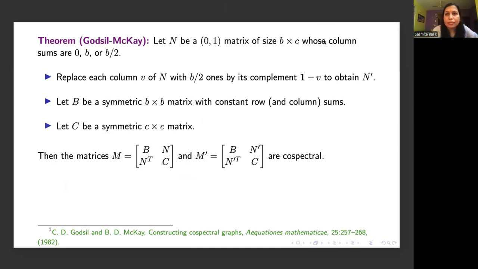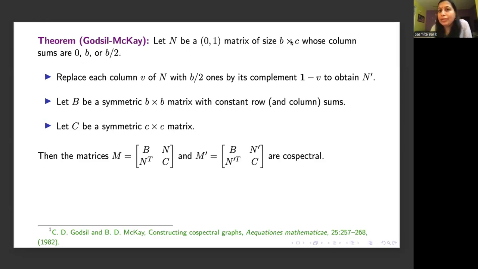Here, if you see what he has taken, he has taken N as a 0, 1 matrix, let's say of size B cross C. Then he has taken the entries in such a way that the column sums are either 0 or B or B by 2.